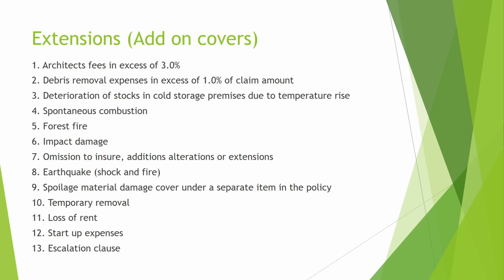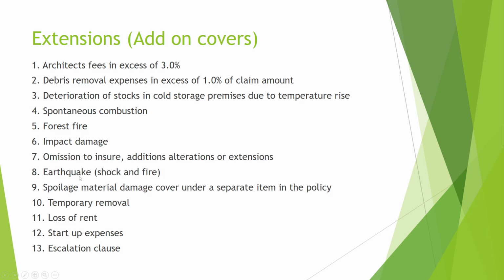In general exclusions, I have told you that it is not covered there. Spontaneous combustion, you can take an add-on for it. Forest fire, impact damage, you can take insurance for these also.